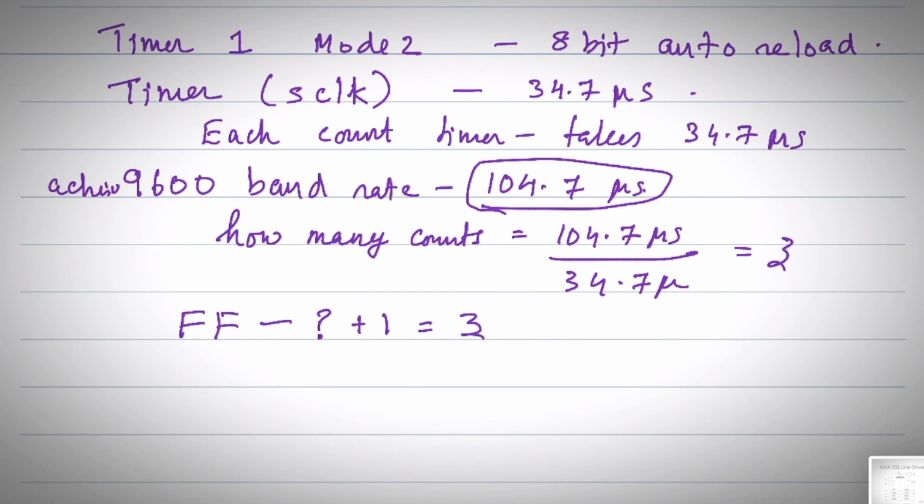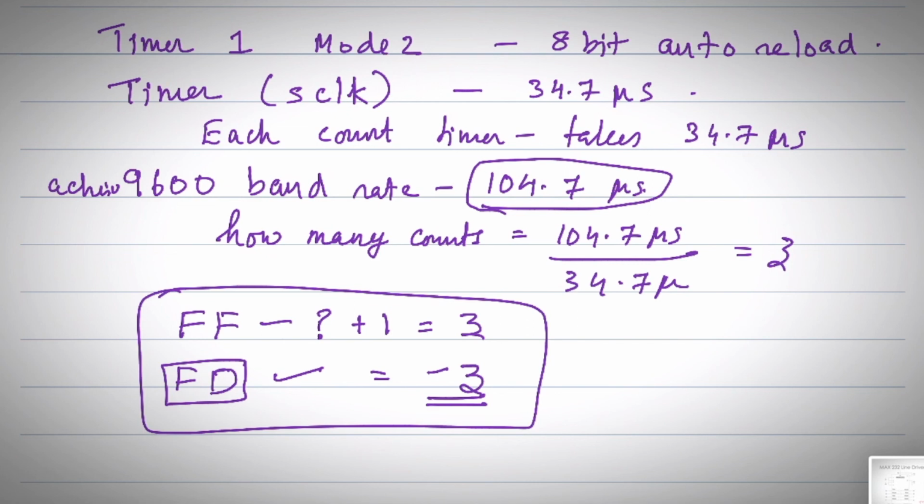So what should be the value to be loaded? It is FD. FD will be the initial value to be loaded. FD corresponds to minus 3. If you need to get a 9600 baud rate, you need to load FD to the TH1, or you need to load minus 3 to TH1.